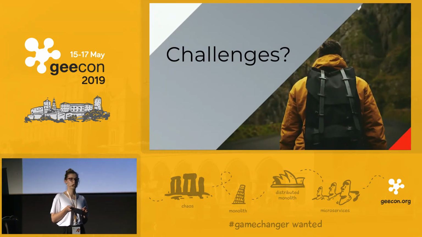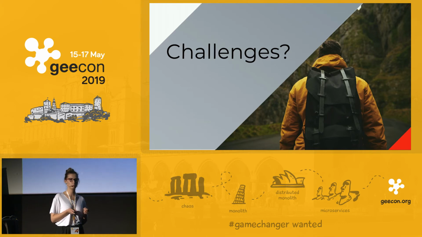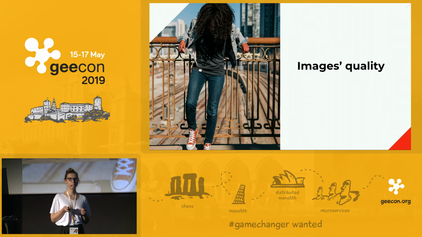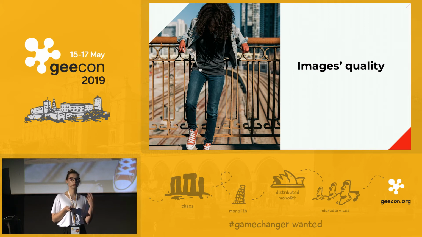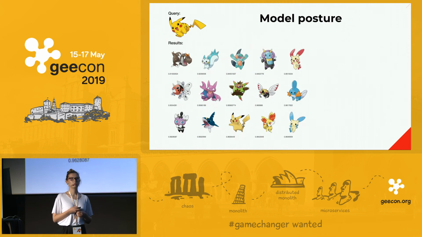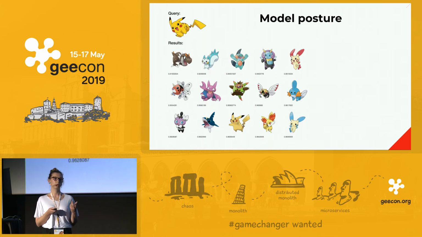So let's talk about challenges. What's hard in Visual Search, where we can improve, and what to test. Image quality. And I'm not talking only about the images in your own dataset, but also the images that will be uploaded by your users. So the model posture is one of them.